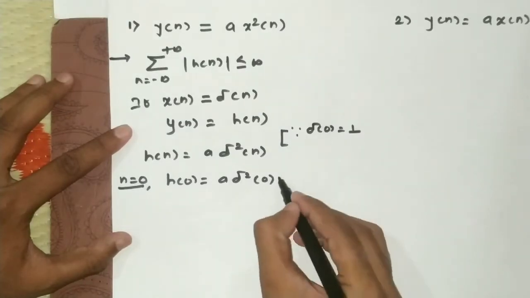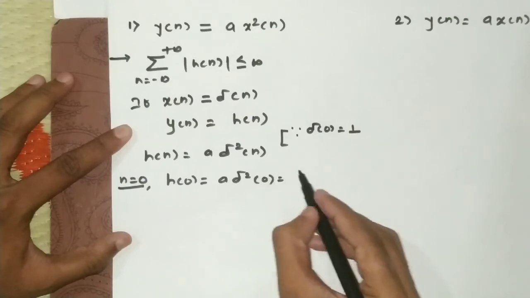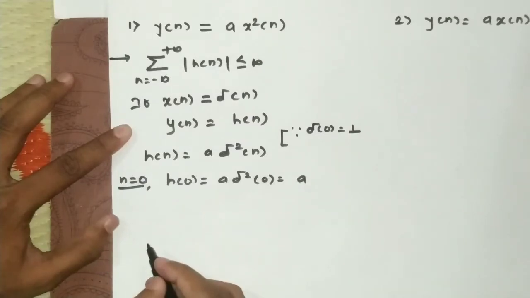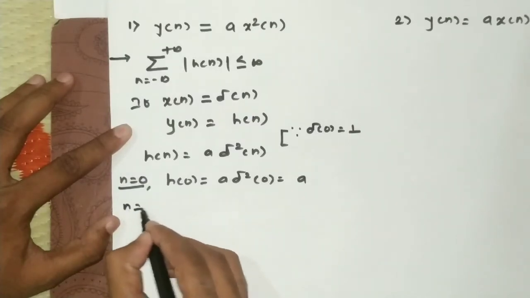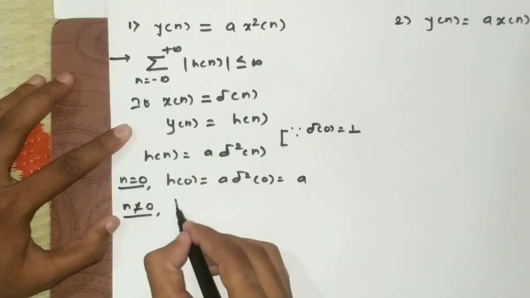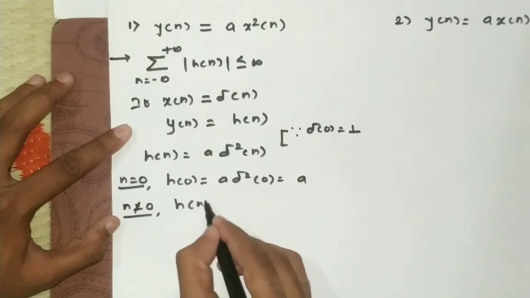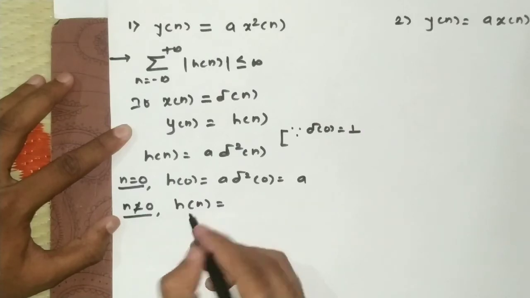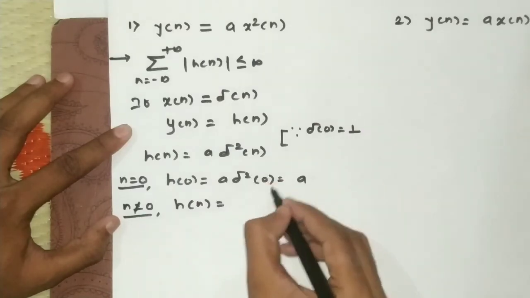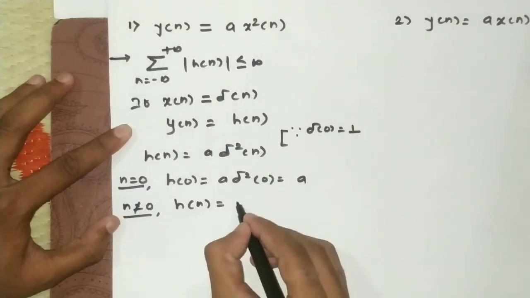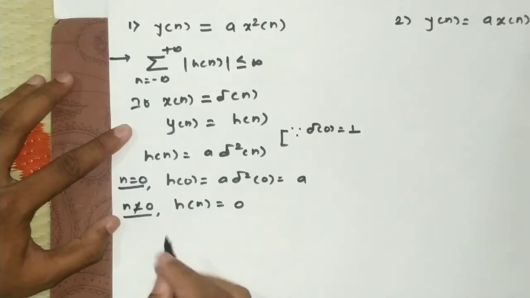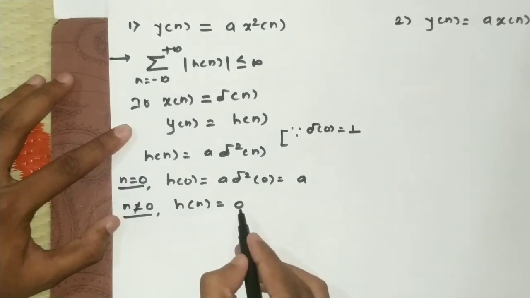So we get the first term: delta of 0 is 1, 1 squared is 1, so this value is going to be a. Now if n is not equal to 0, we get h of n, the value of delta of n is 0, and 0 times a is going to be 0. That means for all the remaining values, the value of h of n is 0.